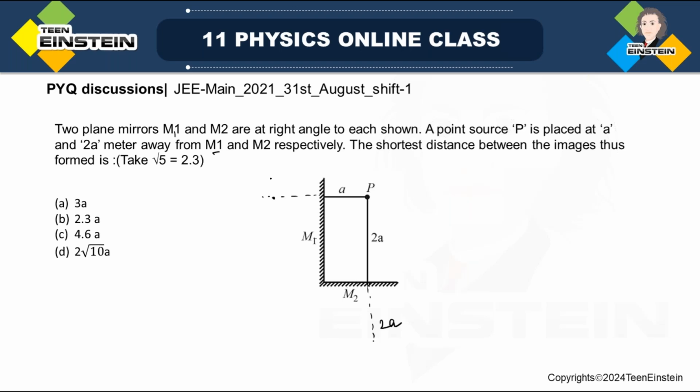Let us say this is I1 and this is I2. So generally if we consider these two images, this distance is 2a, this is 2a, 4a, and this is a, this is 2a. So I have to find out the distance between them.